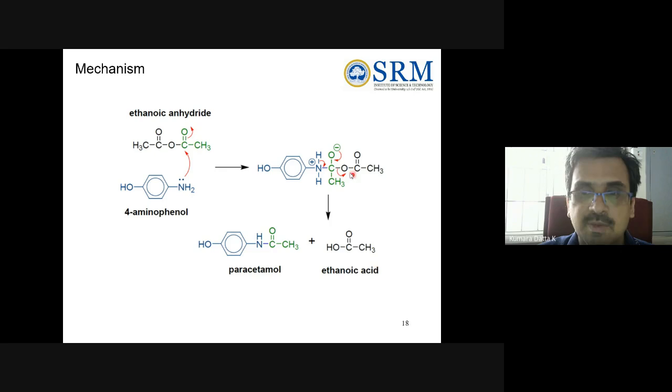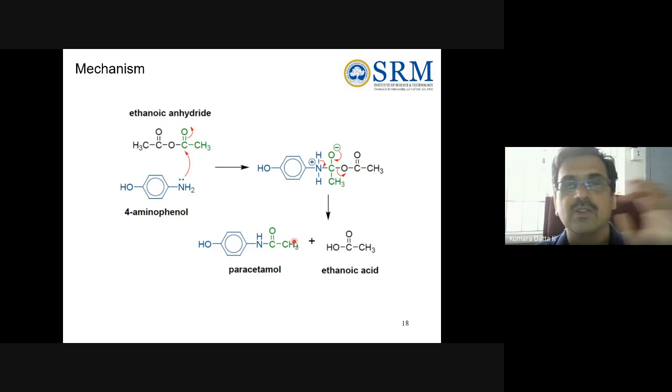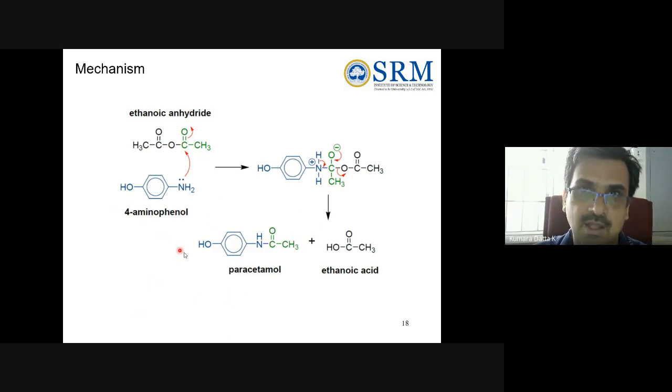And then we cleave off acetic acid along with the generation of paracetamol. So this is the mechanism of how we produce paracetamol from aminophenol along with acetic anhydride. In both cases, paracetamol or aspirin, we use acetic anhydride to get the product and acetic acid.